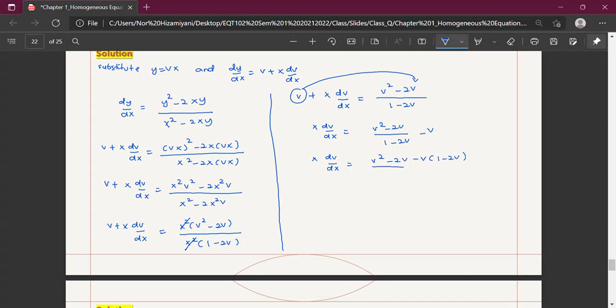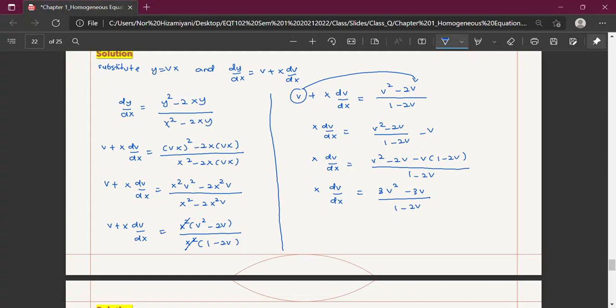You multiply with the fraction (1 minus 2v) to make sure that they have the same denominator, and your function becomes only one fraction, so that it will be easier for you to separate your function. So you expand and simplify, you will get 3v² minus 3v over 1 minus 2v.